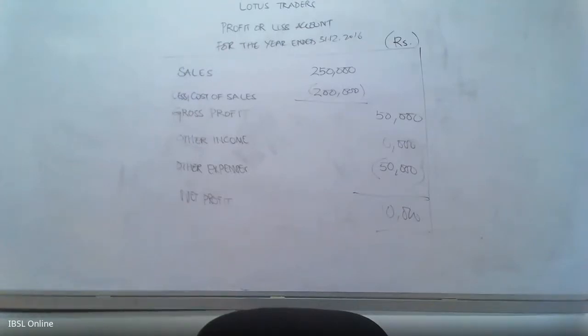This is what is required in exams. This is what you have to write also. Only 4 or 5 line items. So if you know that clearly, you can answer this question. Okay, fine. That is all about sole proprietorship.